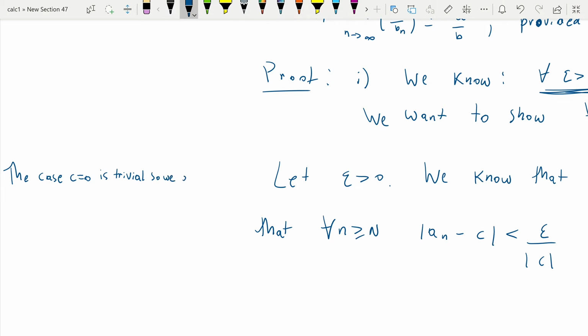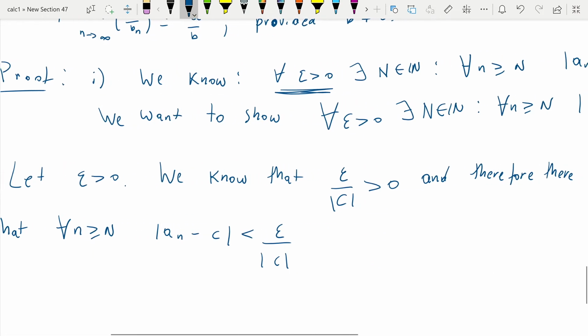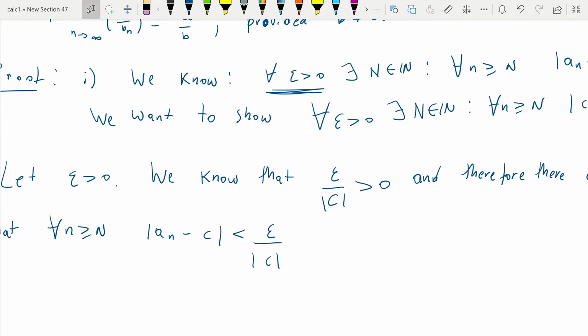So we assume c is different from 0. It could be either positive or negative, but not equal to 0. And then we'll let some epsilon be greater than 0, some arbitrary number.